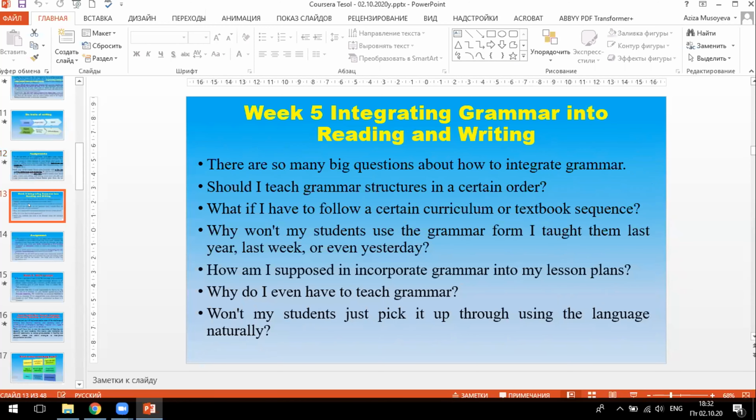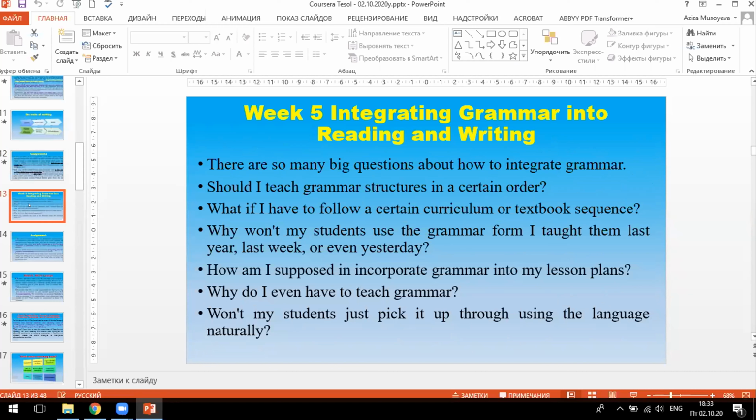Week 5. In week 5, they ask you to integrate grammar into your reading and writing, and there are so many questions that come up about grammar, because sometimes we as teachers may use grammar separately, or maybe we use it in the lesson, or maybe we don't use it at all. So there may be questions, for example, should I teach grammar structures in a certain order?